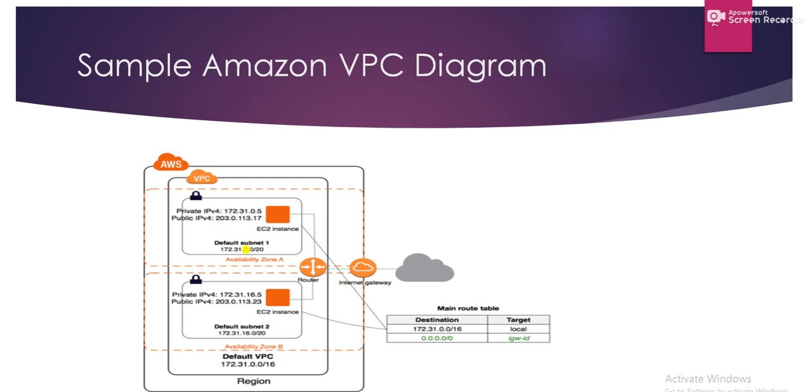That means if you launch an instance in a public subnet, your instances are accessible from the internet, but if those instances are launched in the private subnet, they will be private only. Okay, there will be no internet connectivity. So this is the diagram of Amazon VPC.